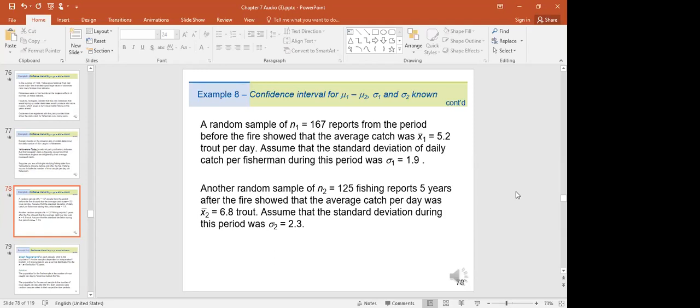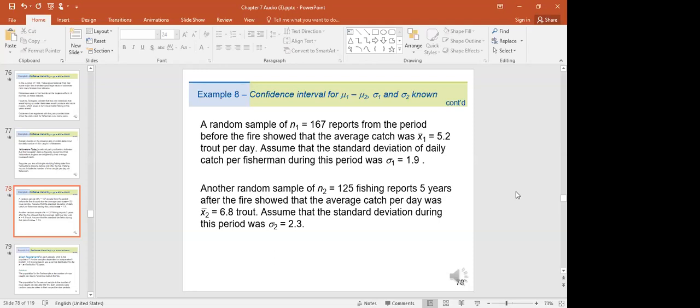Z, not T. 2 samples Z, because the sigma are known. If we were given data, we would have entered the data in L1 and L2. But in this case, we have statistics. So we will go to start. You take the cursor to start and press enter.